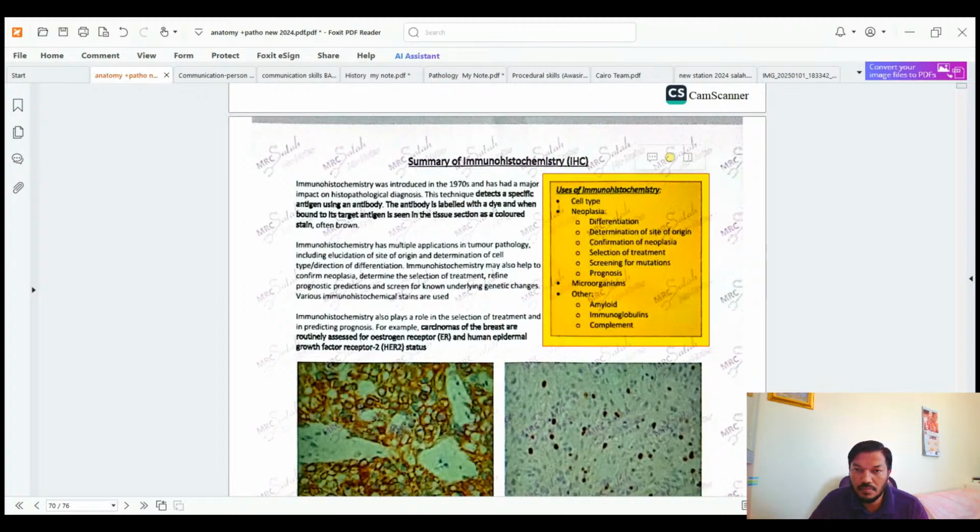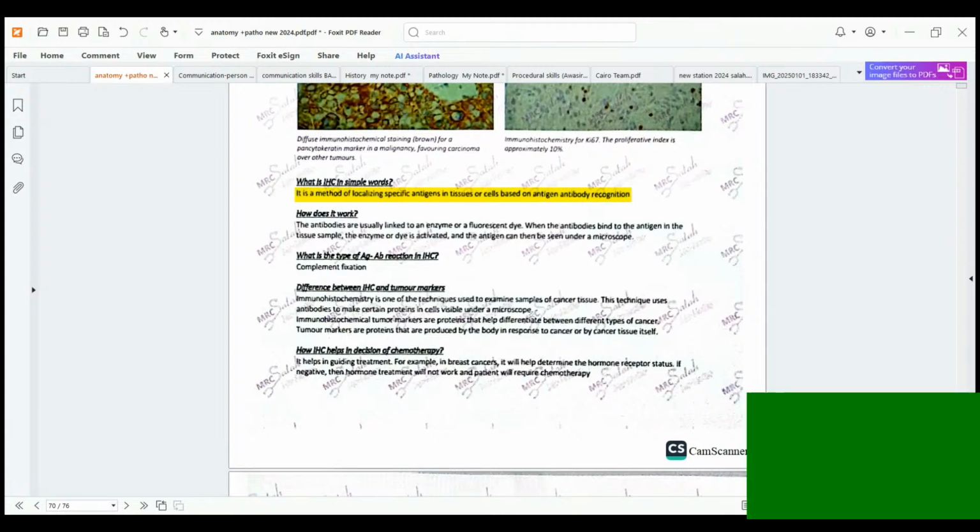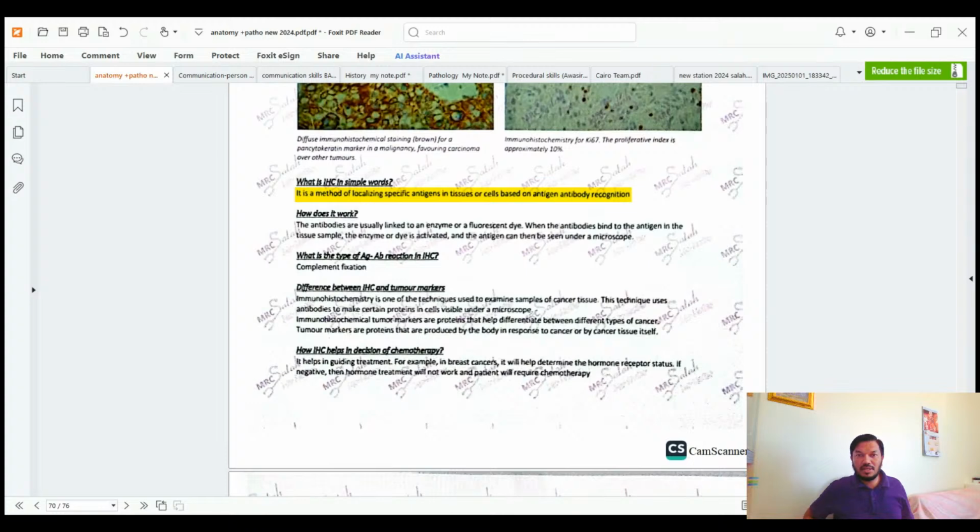What is immunohistochemistry? It is a method of localizing specific antigen in a tissue or cell based on antigen antibody recognition. How it is done: the antibodies are usually linked to an enzyme or fluorescent dye.